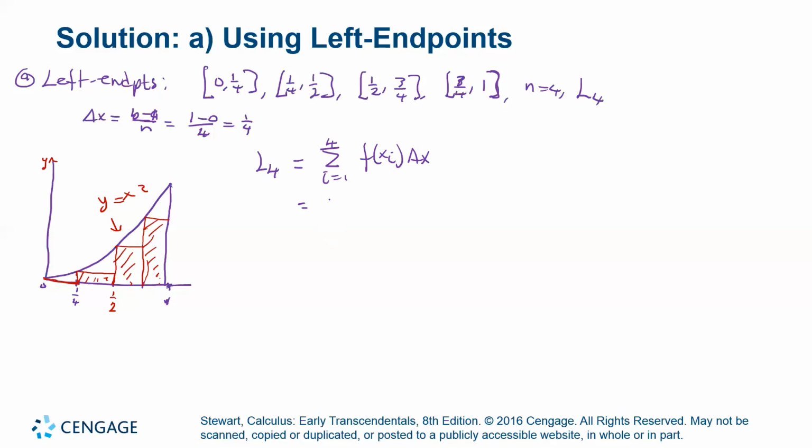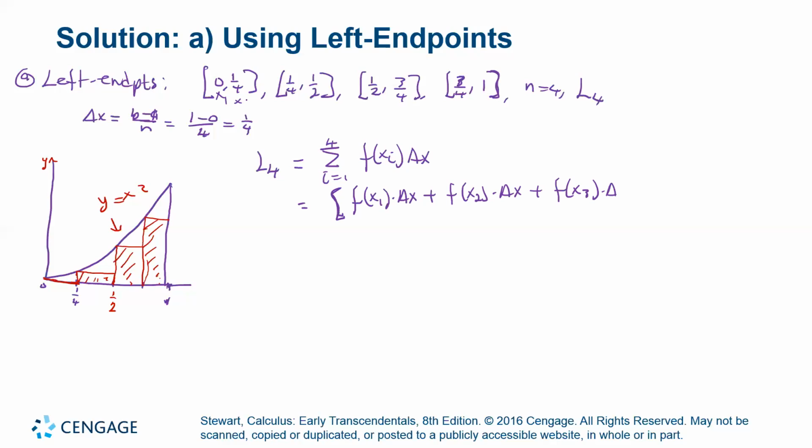Basically what this is saying is that it's going to be f of x1 times delta x, plus f of x2 times delta x, plus f of x3 times delta x.